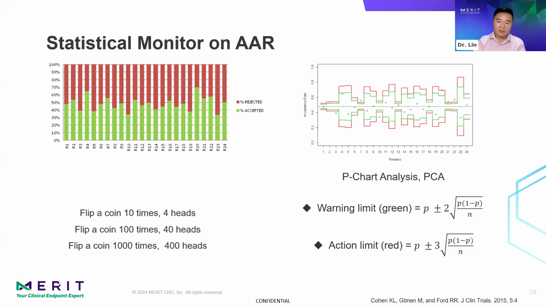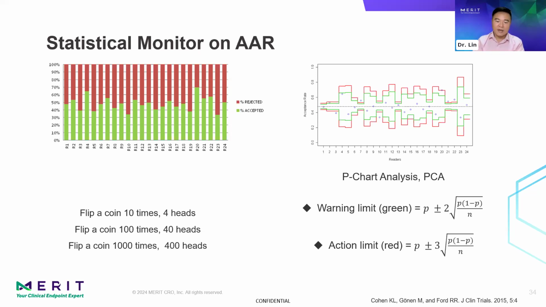But remember, here the adjudication acceptance rate, the AAR, is always 40% in all these cases. So the AAR must be considered in relation to the sample size, and the AAR threshold cannot be arbitrarily set to 1/3 or 30%.